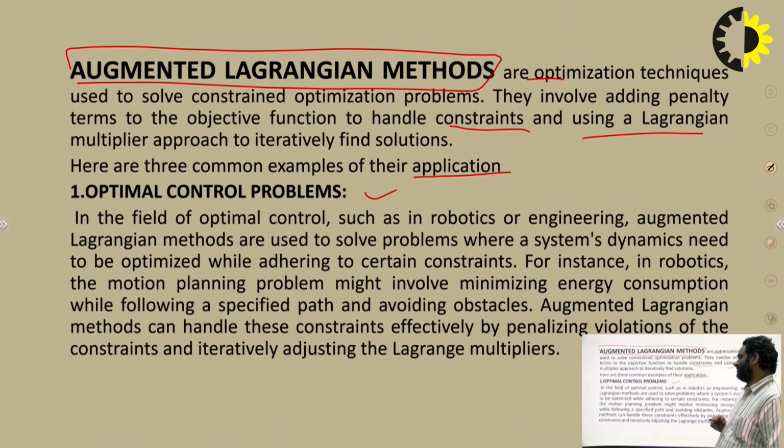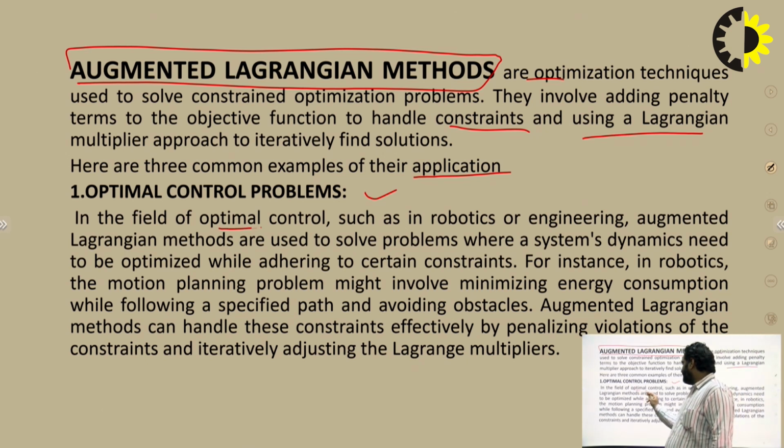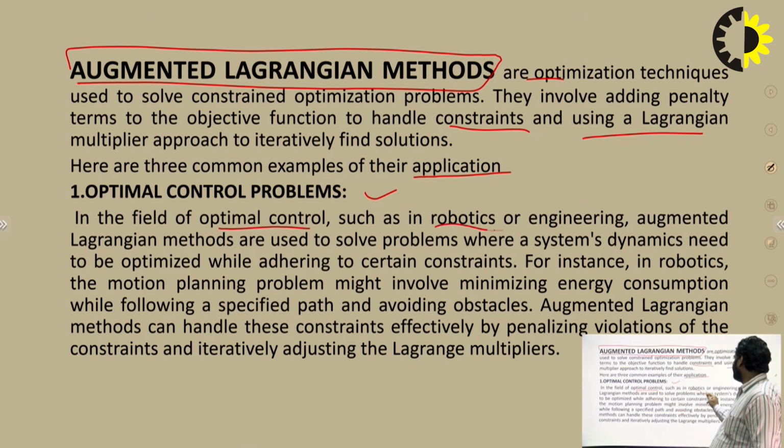These are some common problems that can be solved by means of the augmented Lagrangian method. The first problem is the optimal control problem, in the field of optimal control, such as in robotics or engineering. It is a very hot area nowadays. Augmented Lagrangian methods are used to solve problems where a system's dynamics need to be optimized while adhering to certain constraints.